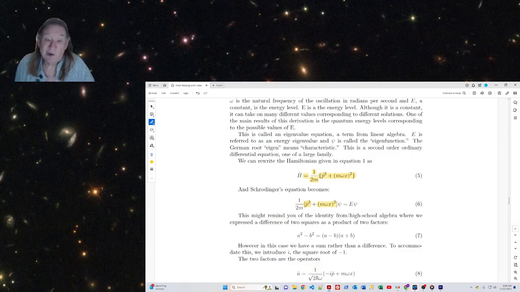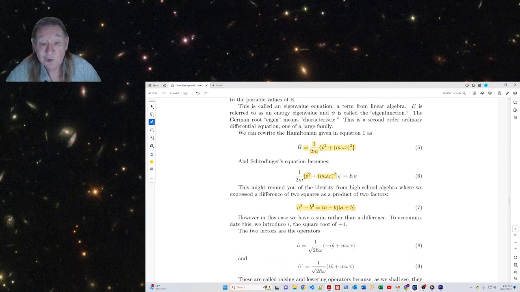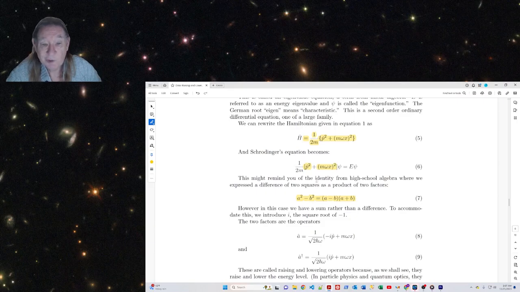This might remind you of an identity from high school algebra, where we express the difference of two squares as a product of two factors. A squared minus b squared, if you work it out, is equal to a minus b times a plus b. Now, we can't quite use this in the form it appears here because we don't have a difference of two squares. We have a sum of two squares, p squared plus mwx squared.